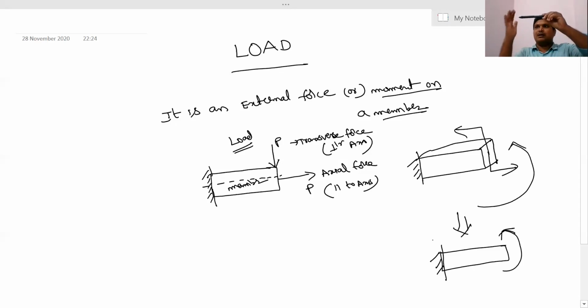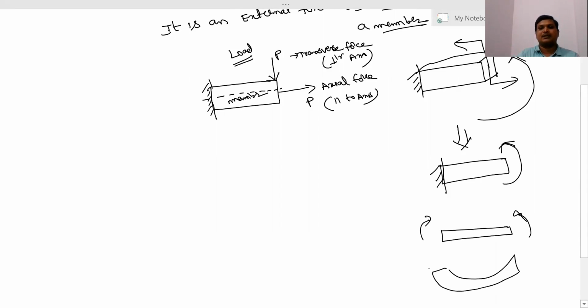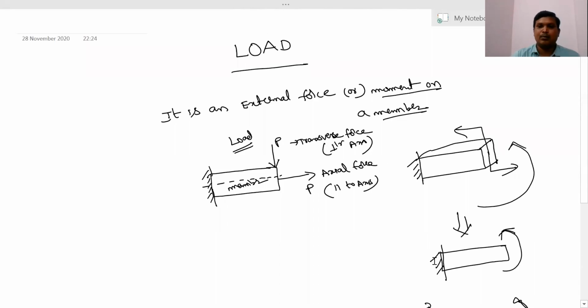So if you are applying this type of force and this type of force, this will experience a moment. Or if you are taking a member and apply this type of force, it may be bending. So this is called moment. So load is nothing but an external force or moment applied on a member.